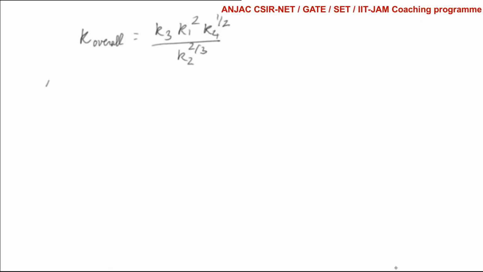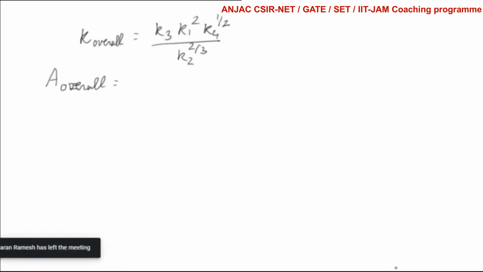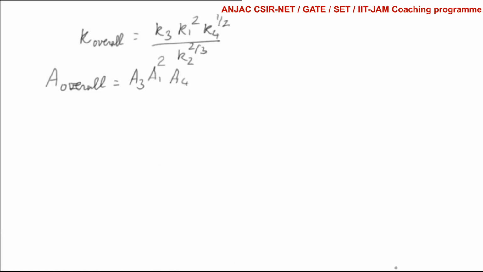Then what would be the overall frequency factor, the Arrhenius factor? Can anybody tell me the answer? A overall is equal to A3, A1 square, A4 power 1 by 2, divided by A2 power 2 by 3.